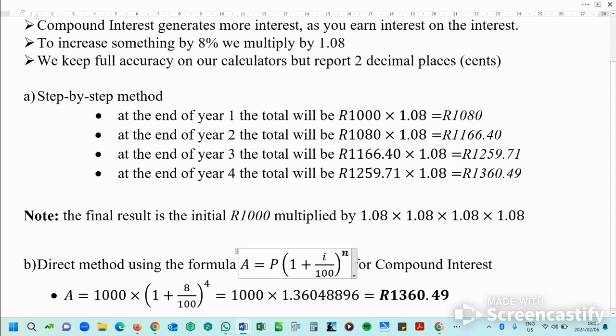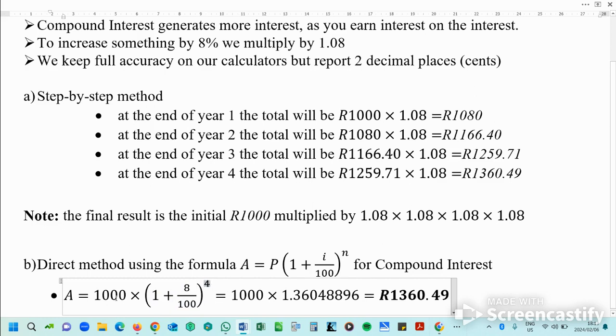And that actually is literally the power of compound interest. That's how it works. So in this particular case, P is still 1,000, I is still 8%, and N, the number of years, is still 4, but the 4 is no longer inside the bracket where it was before, it's now the power outside the bracket.